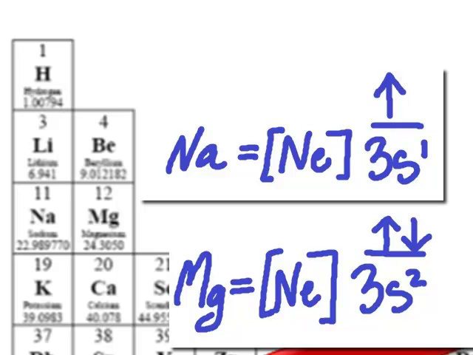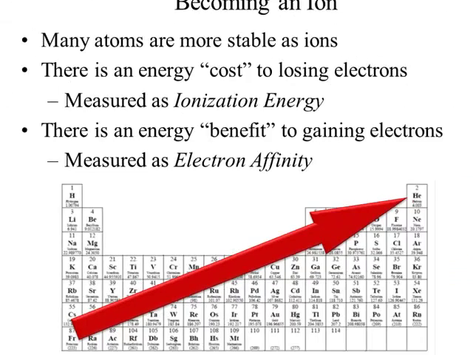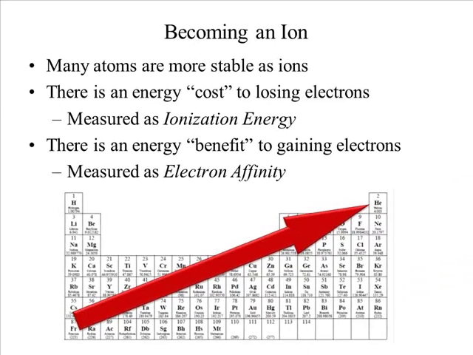In cases where an atom has to lose an electron that's paired, that always has a higher energy cost, or a higher ionization energy, than if an element has to lose an unpaired electron. Even though that's relevant in some specific cases, I just want you to remember the general concept of ionization energy and electron affinity as it applies to elements broadly apart from each other on the periodic table.